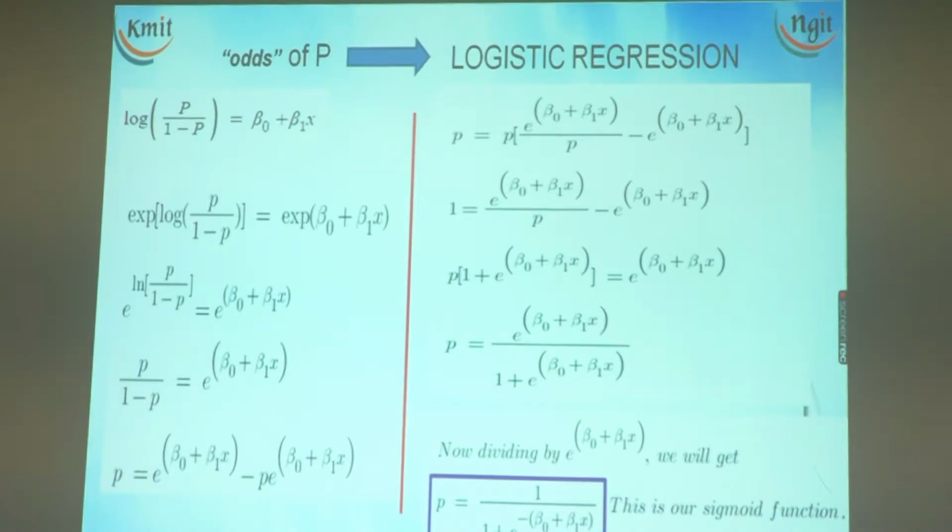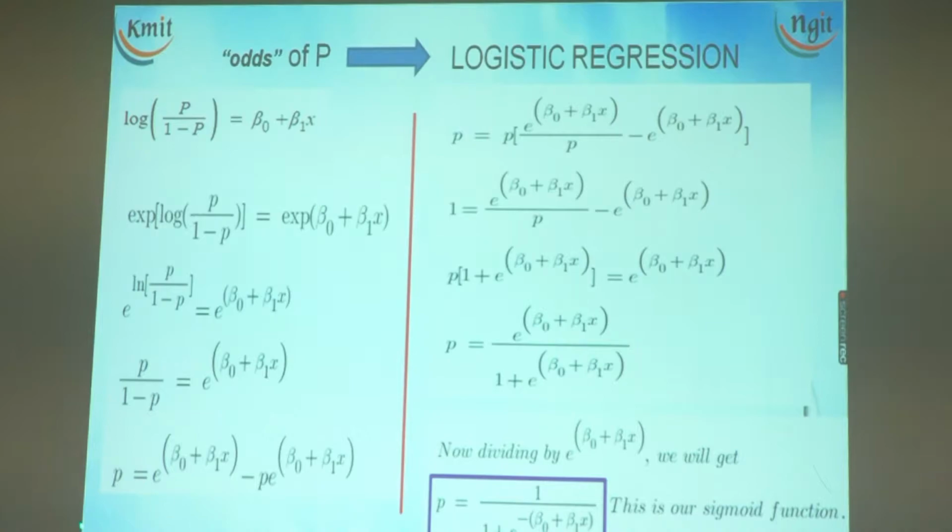I have applied the logarithm over the odds and on the straight line equation. What is the resultant? When I apply the logarithm on this, I get the sigmoid function.